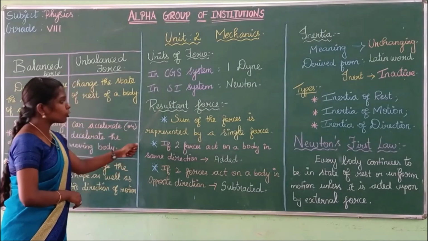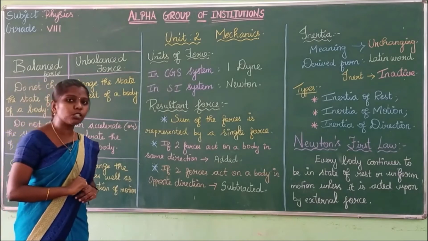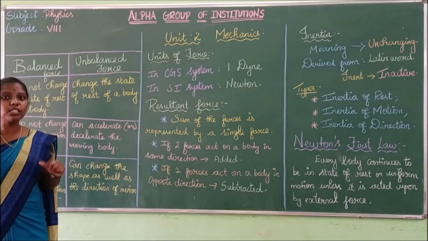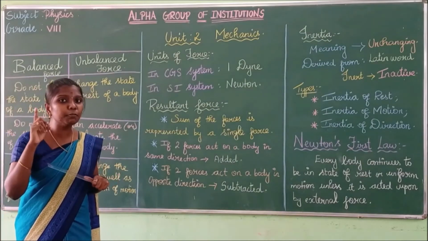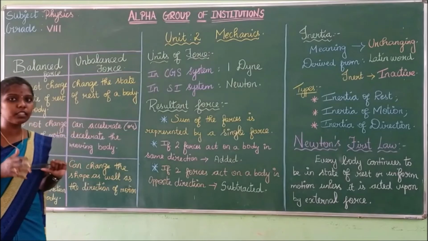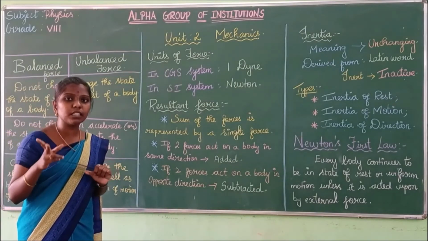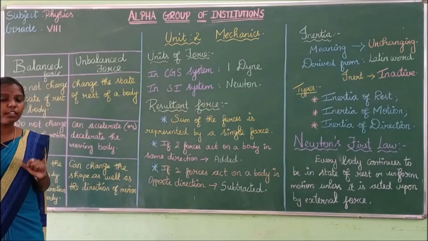Next, we are going to see what is resultant force. If multiple forces are acting on a body, the sum of the multiple forces is represented by a single force called the resultant force.